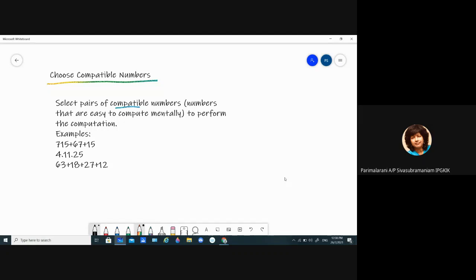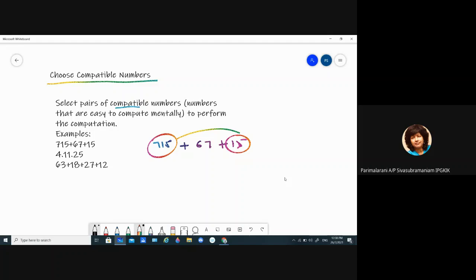For example, number one, we want to do 715 plus 67 plus 15. We know mental computation gives an exact answer, so we cannot round it. We want to select the numbers that look easy to add. So we know that 715 and 15 look easy to add, so we add that first. 715 plus 15 is 730.